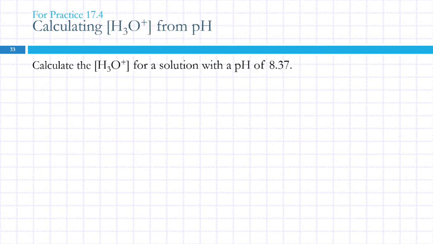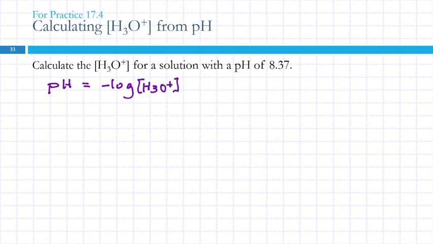What if we're given the pH and we want to find out the concentration of hydronium ion? Well, we need to rearrange an equation then. pH equals negative log of hydronium ion concentration.